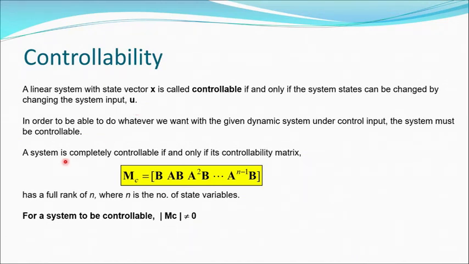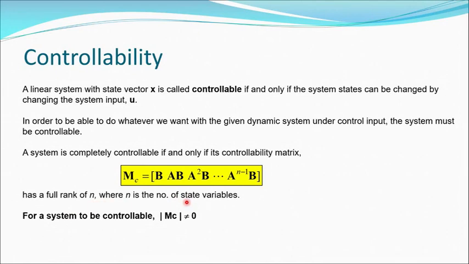A system is completely controllable, or all state variables are controllable, if and only if its controllability matrix MC, defined by B, AB, A squared B until A^(n-1) B, has a full rank of n, where n is the number of state variables.